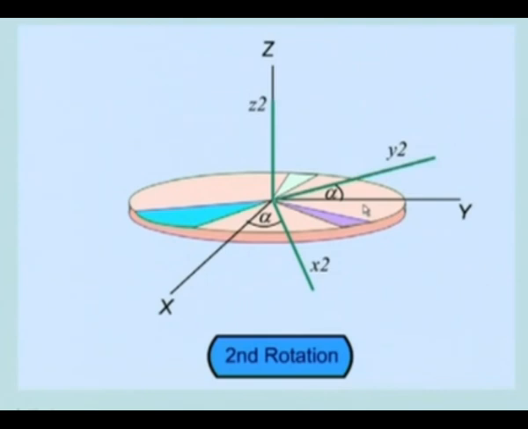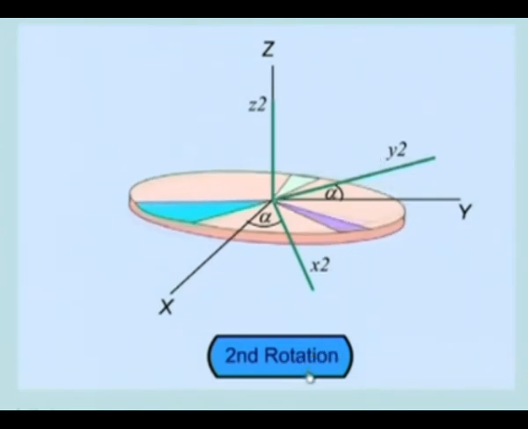Now in the second stage, the intermediate axes x2, y2, z2 are rotated about this y2 to produce the intermediate set x3, y3, z3. So now it is rotated about this y2. This is how it will rotate.